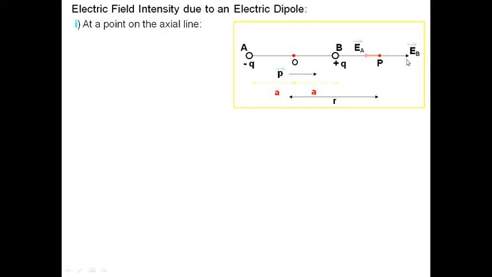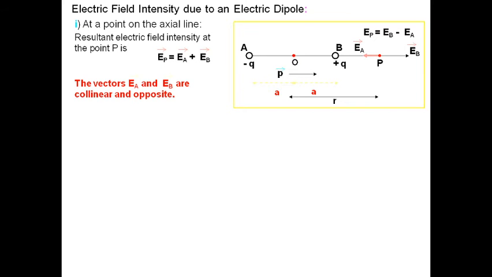So naturally we have to check their magnitudes, and when two vectors are in opposite direction, the resultant is always the larger vector minus the smaller vector. Let's check whether EB is larger in magnitude than EA. So the total electric field at point P is EB minus EA, because EB is greater than EA.